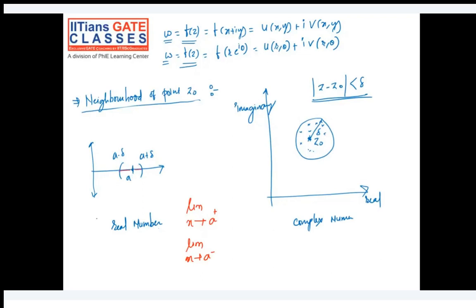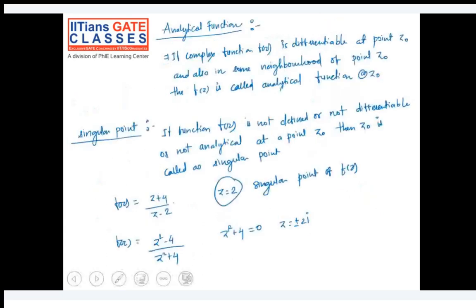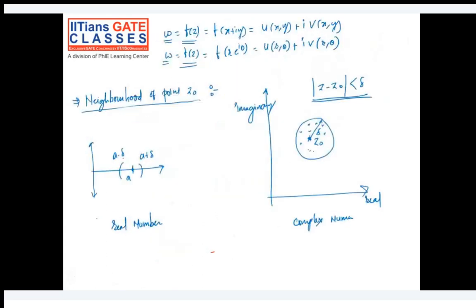So basically, around a certain region or a certain length delta, we can call it a neighborhood of a. For example, this circle I am drawing here. This is your x and this is your f of x. All the points lying here are in the neighborhood of a.